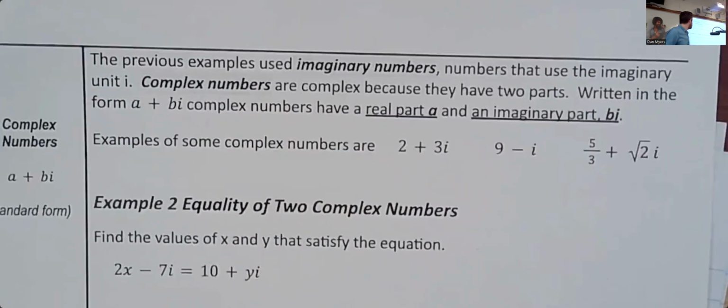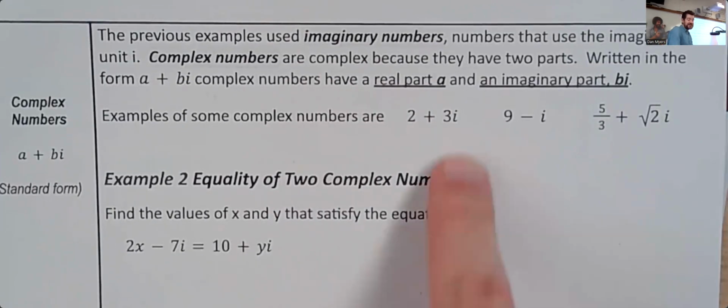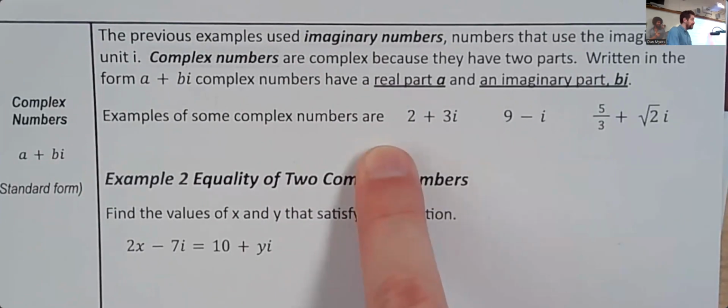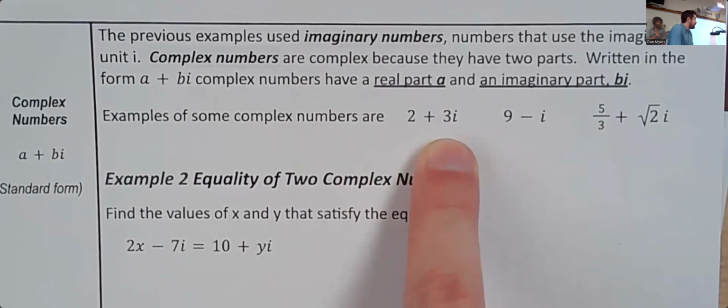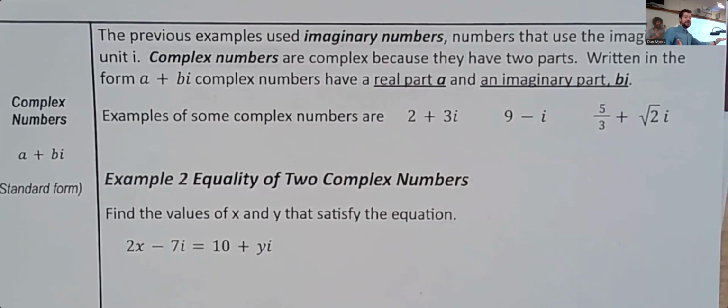So whatever number goes along with that imaginary unit. And you can think of these like binomials, whereas they are not like terms, right? You've got an imaginary number here plus a real number here. Imaginary numbers and real numbers don't add together. It would be like trying to add 2 plus 3x or 9 minus x. They have to stay separate. So if you think of these as binomials, continue to think of i more or less as a variable.